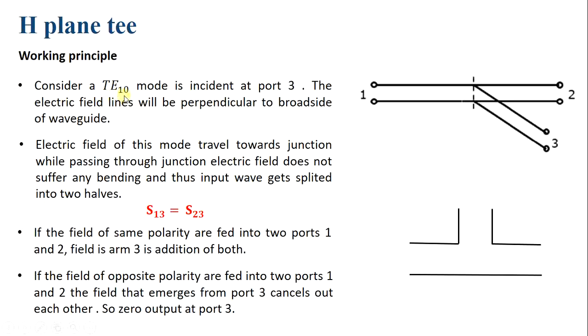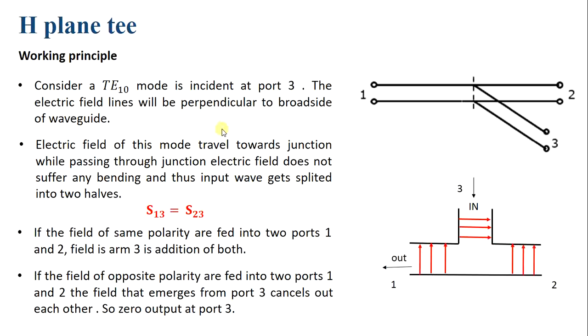Consider a TE10 mode incident at port 3. The electric field lines will be perpendicular to the broadside of the waveguide. The electric field of this mode will travel downwards to the junction. While passing through the junction, the electric field does not suffer any bending, and thus the input wave gets split into two halves, as you can see.